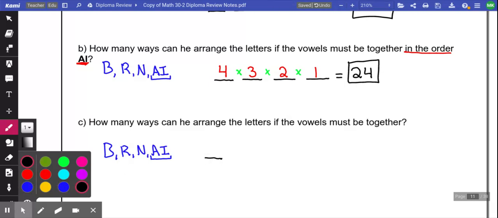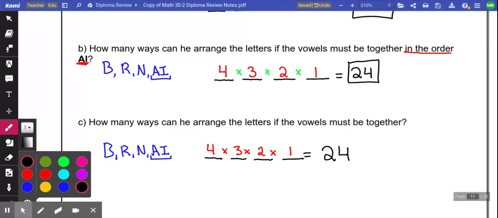So that means we're still going to have 4 times 3 times 2 times 1, so there's 24 different ways in which I could arrange B, R, N, and the vowels AI.